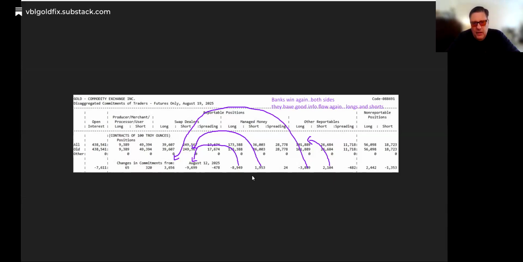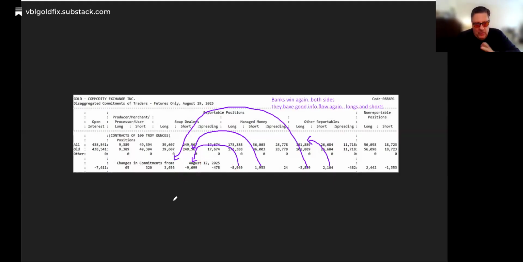So in the down move, right? The market for the 5 days, the market was down. In the down move, managed money longs puke. Other reportables puke, and they're not dumb, but they're getting out. And they sell into the hands of bullion bank shorts covering, which is normal.